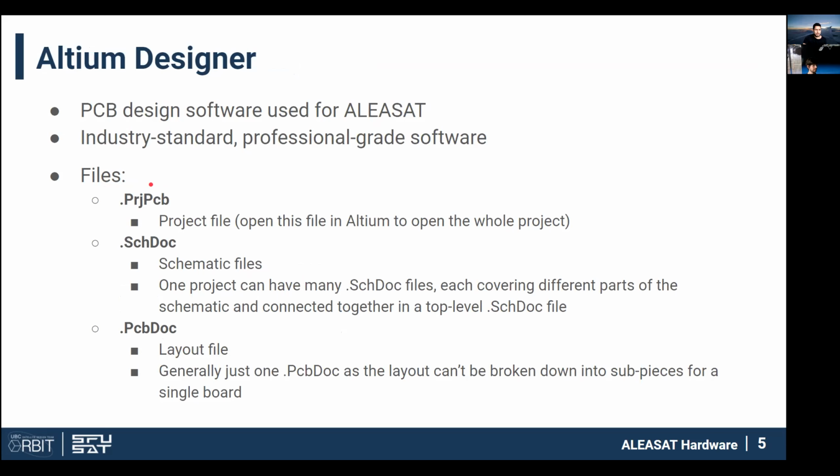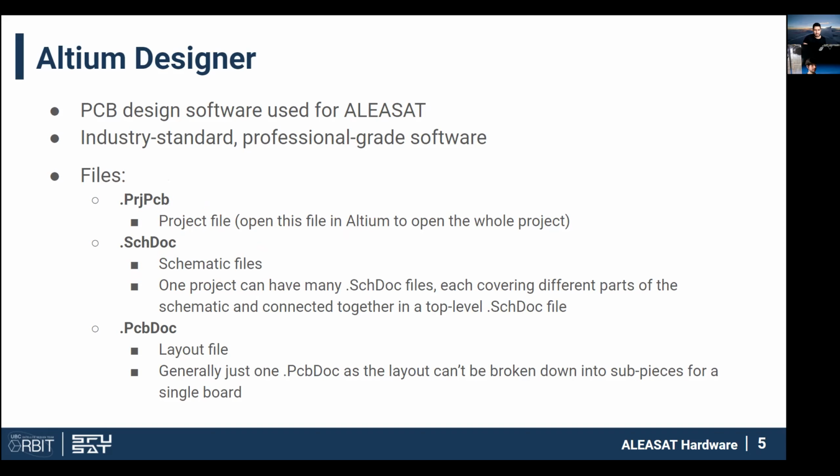The structure of an Altium project is there's the project file, which is this .PrjPcb file. This is the main file for the project, and you can open this in Altium to view the whole project. Then there are schematic files. A project can have one schematic file, or multiple schematic files, and you can have what's called a hierarchical design, where you've got a top level schematic and then sub-schematics inside of that.